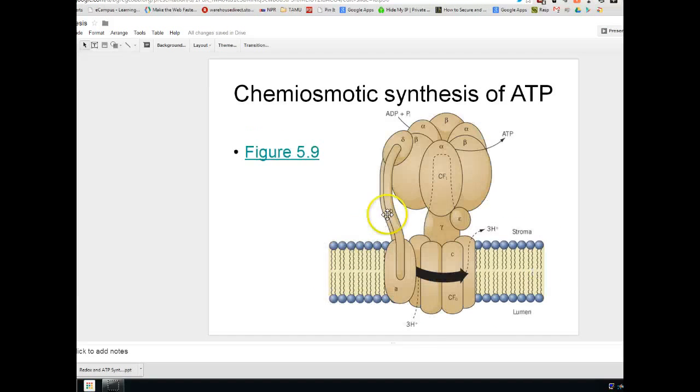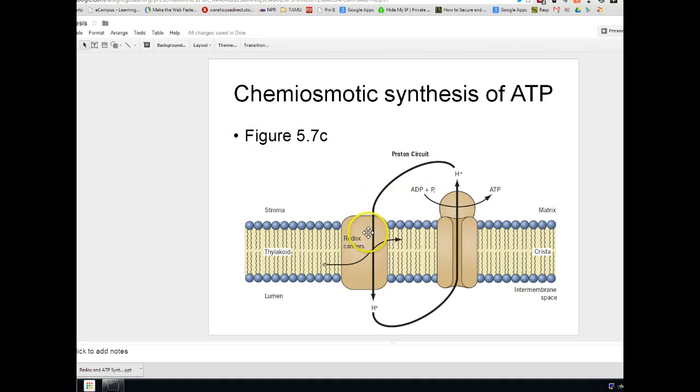If we take this motor and we look at it more in terms of what we're going to be talking about, here we have a chloroplast with the stroma and the lumen side. There are a series of these redox carriers, oxidation reduction reaction complexes, that move electrons around. And as the electrons are moved around, the protons are channeled onto one side of the membrane.